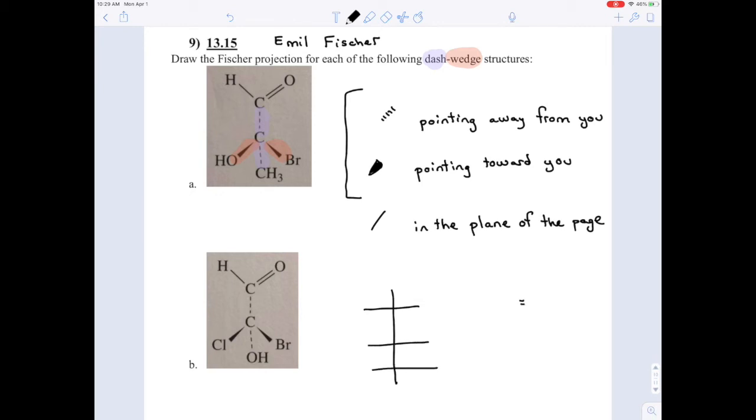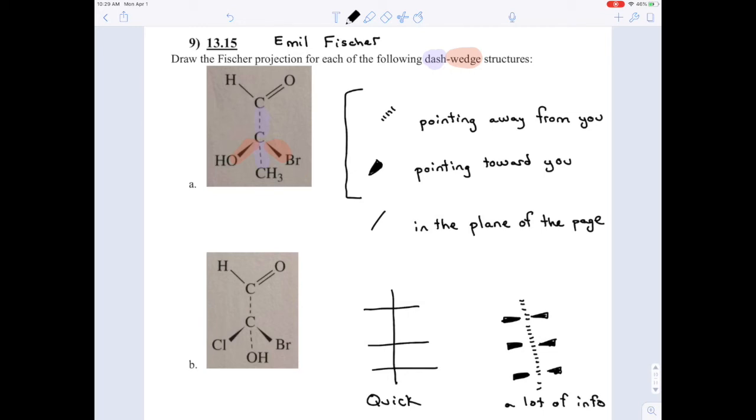So all the vertical bonds are going away from you, and the horizontal bonds would all be coming out at you. That's the implication. He would say, okay, anybody who sees my drawings will have to know this much. And this way he can draw really quick structures, like this one on the left, but communicate a lot of information, like the structure on the right.